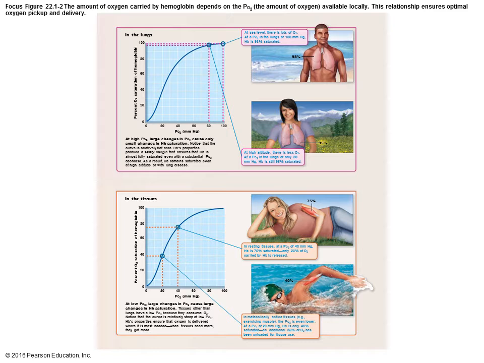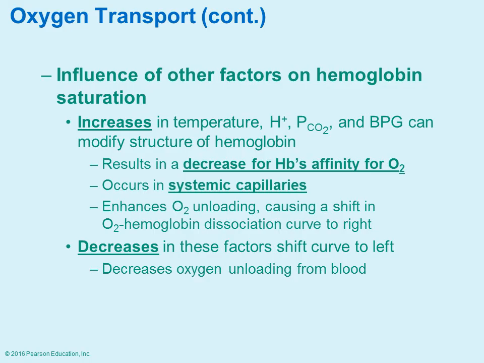And there are different relationships, some of this we'll talk about in a bit, of how the loading and unloading, and that which relates to the percentage saturation on the hemoglobin, is related to activities. It's related to things such as even elevation, and those will be discussed at the end of this chapter.